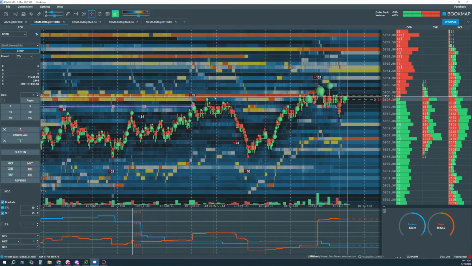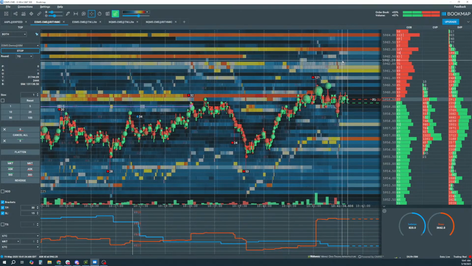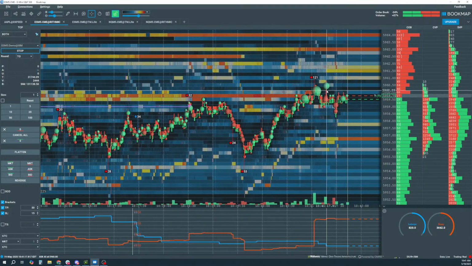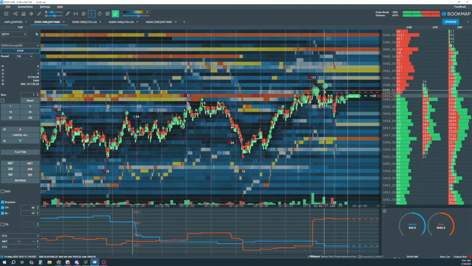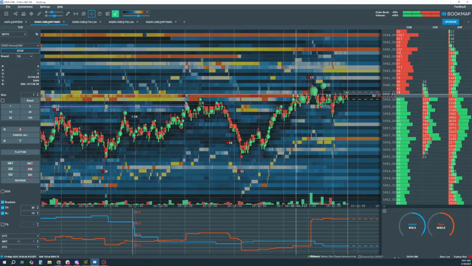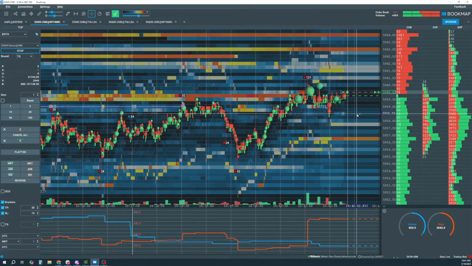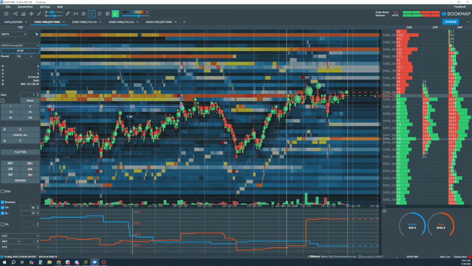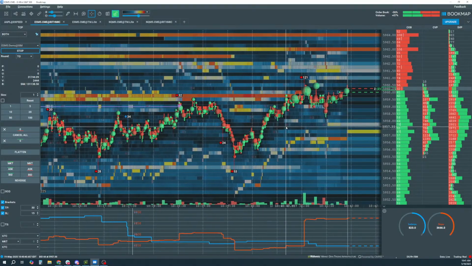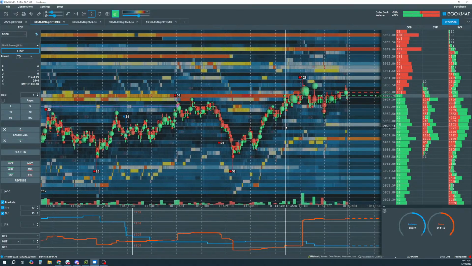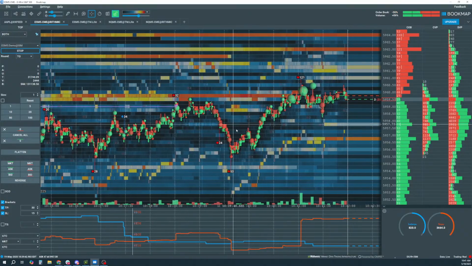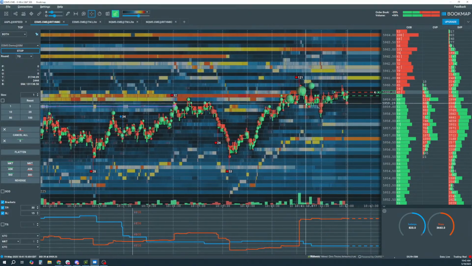It broke out from this little range, and maybe it will continue, but I'm not seeing follow through at the moment. And if we start to see some absorption followed by exhaustion, and we see some selling coming in, it's more likely we'll come back down to the bottom of the range or in the middle of the range at least, right? More of a mean reversion for this very small range trade.